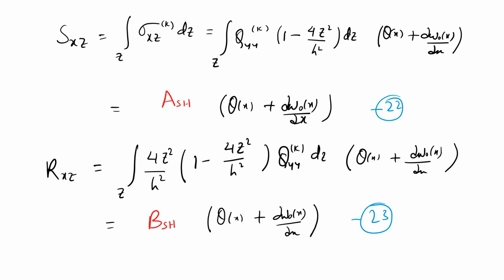For the shear part, we get Sxz as the integral of sigma xz dz. So we get this, with Q44 of k into this, and this we name ASH. For Rxz, we multiply by 4z square by h square and we get this as VSH.